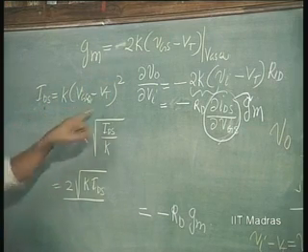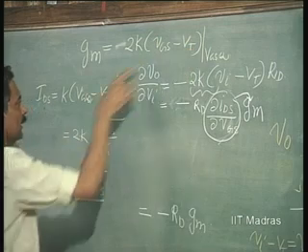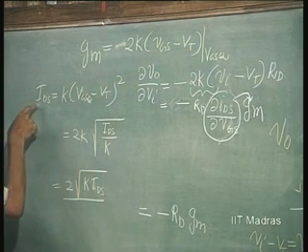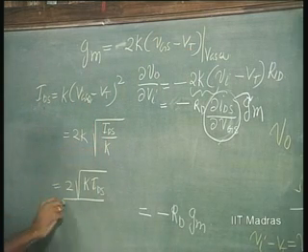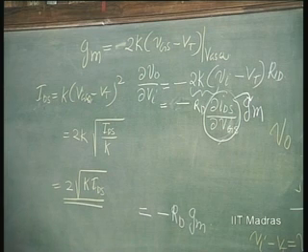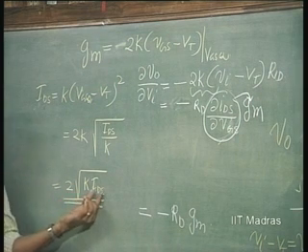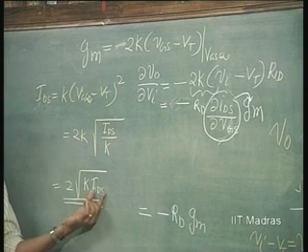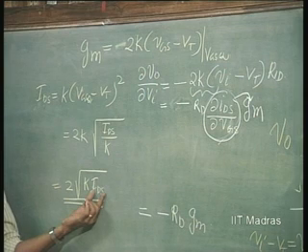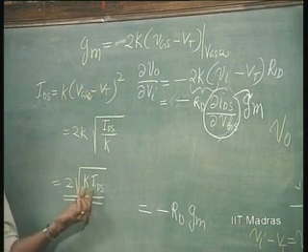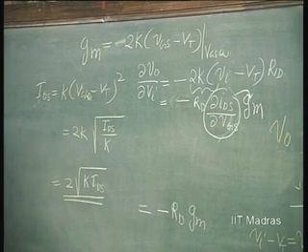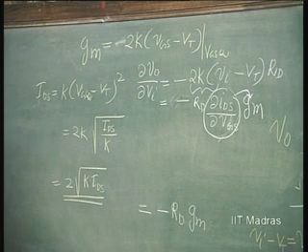So, VGSQ minus VT is nothing but root of IDS by K. So, you substitute this. Therefore, if you know the value of K and the operating current, 2 root K into IDS will give you the value of GM.